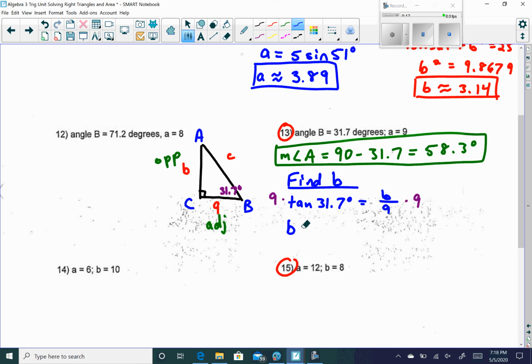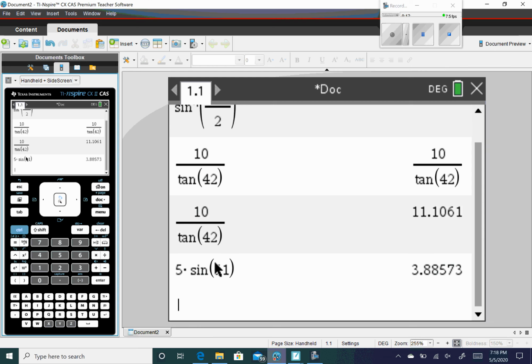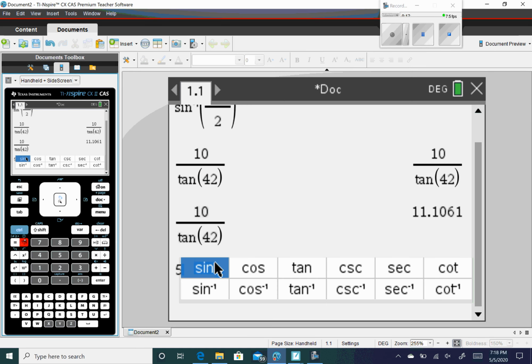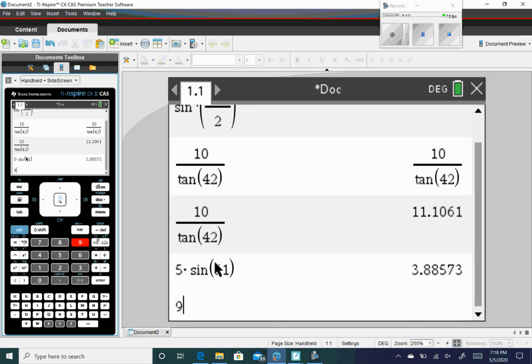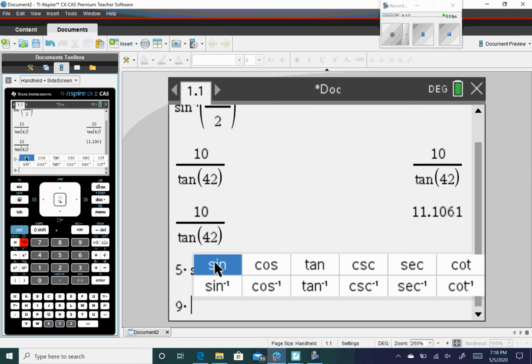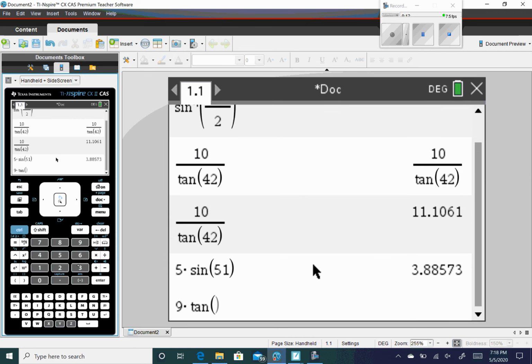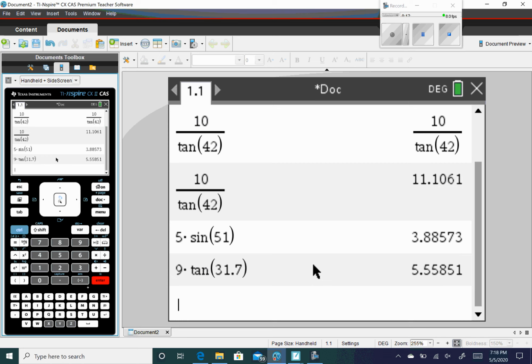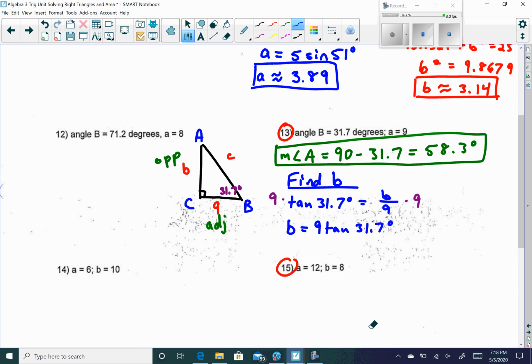So B is going to equal 9 times tangent of 31.7 degrees. We'll type that into our calculator. And we're getting 5.56. All right, so there's our answer for B.